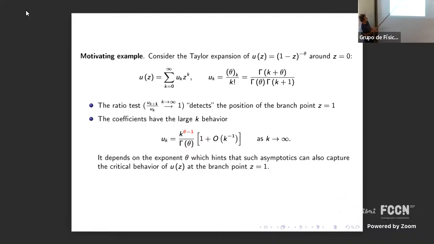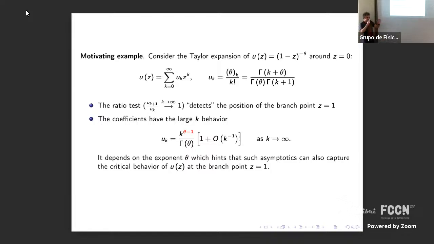So the basic example is this. Just take this function over here. This is its Taylor series around 0. And these coefficients have this fractional power behavior in k as k goes to infinity. So you see that this branching appears as a power of k. And basically, the coefficient 1 over here is what multiplies this fractional behavior in the expression of our function, which was analytic around 0.